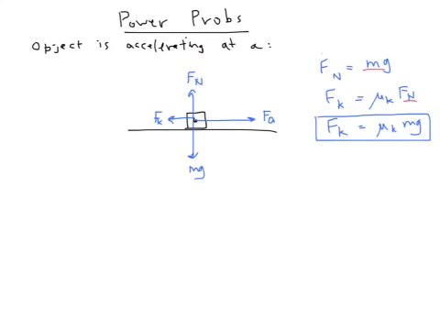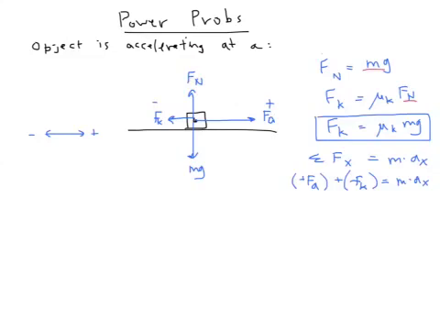So in addition to this equation that I just boxed, we also will have Newton's second law. The sum of the x forces is equal to the mass times the x direction acceleration. I'm going to call rightward positive and leftward negative, which means Fa is positive, Fk is negative, right? So positive Fa plus a negative Fk equals m times the x acceleration.